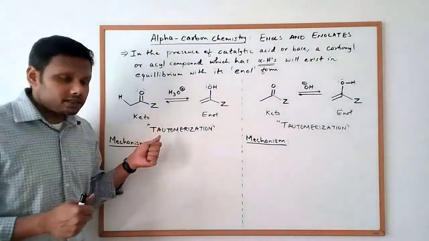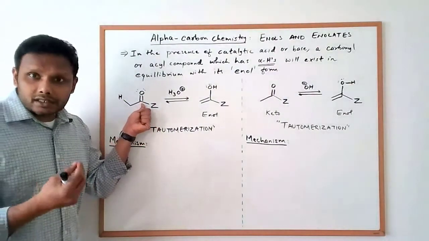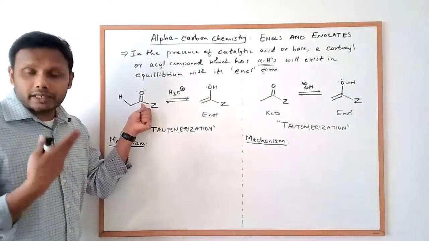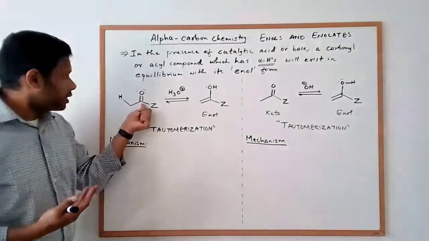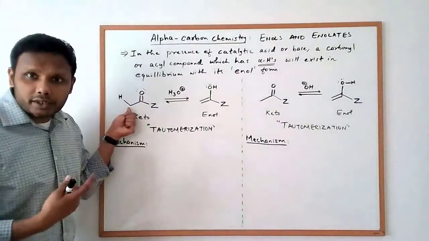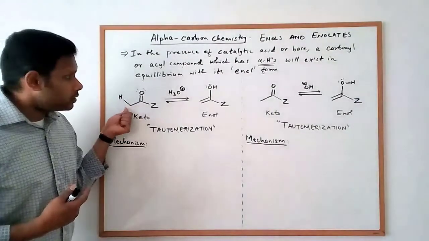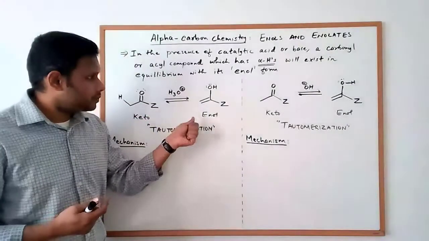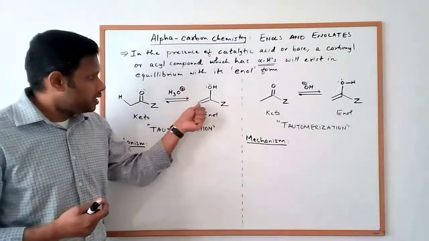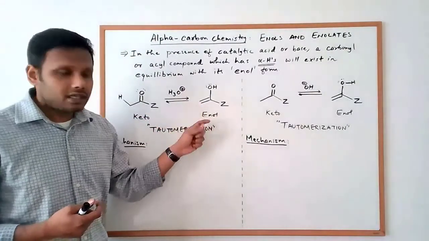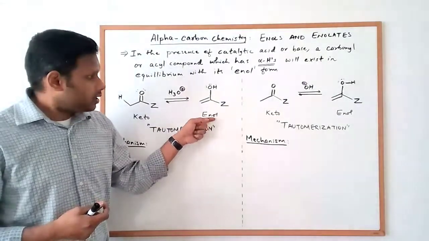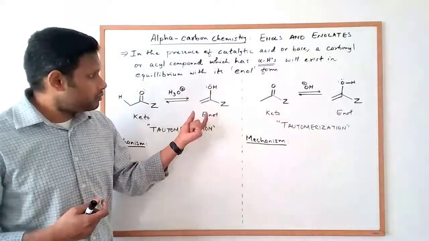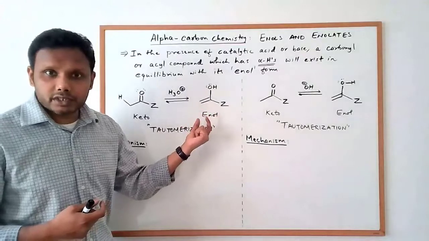But the key is this has a carbonyl group or an acyl group, and it has alpha hydrogens on it. So such a compound, when it is in the presence of a catalytic amount of an acid, would exist in equilibrium with its enol form. Now, the name enol comes from the functional groups present in this molecule.